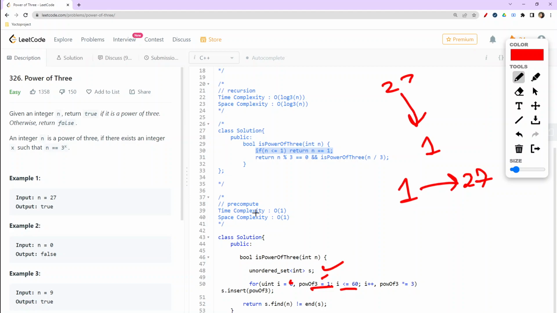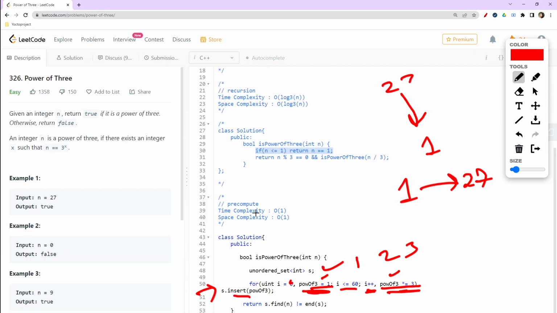So that's why I just took 60, and then I do i plus plus, so that this could become 1, 2, 3, the simple logic of a loop. And then power of 3 I'm also calculating here itself, because in this loop we can do this along with i plus plus. So power of 3 would be calculated, and side by side I will be inserting the same into my unordered set.